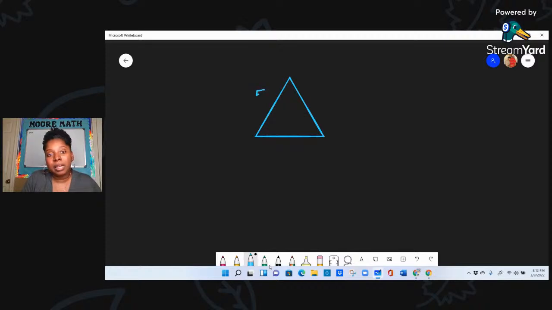So let's say this was 5 centimeters, and this was 4 centimeters, and this was 7 centimeters. It's not drawn to scale. So we have 5, 4, and 7. If I'm walking around this whole triangle, how many centimeters have I gone? That's the perimeter. So you would basically add up all the sides.